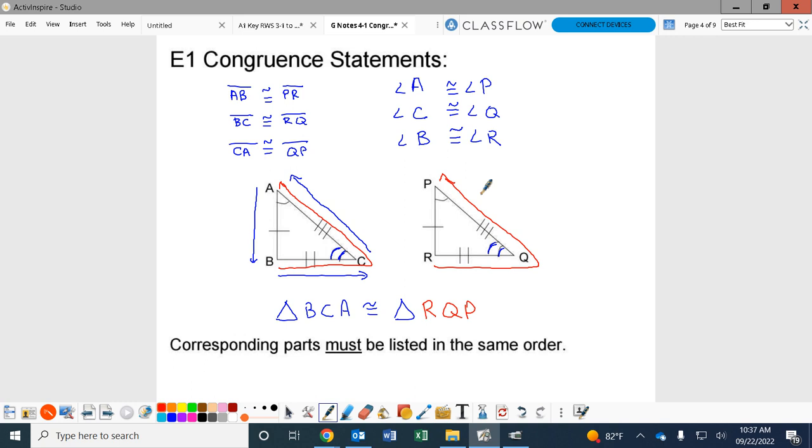No, it could have been anything. But whatever the first one is, you have to match it on the second one. If I said ABC, what would the second one be? PRQ. Perfect. PRQ. Nice. All right. Corresponding parts must be listed in the same order. Meaning if you match them up, they've got to be corresponding. They've got to go in the order that they match.